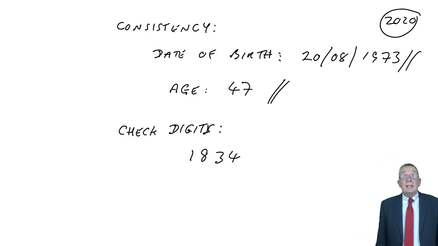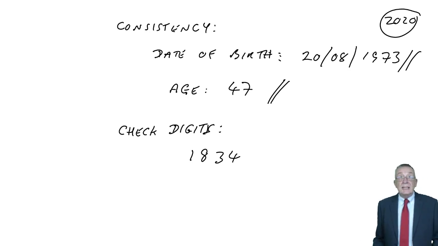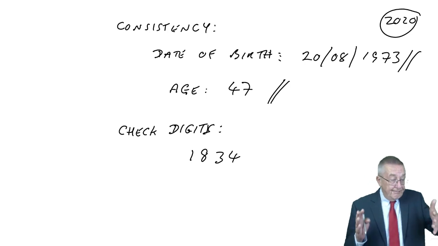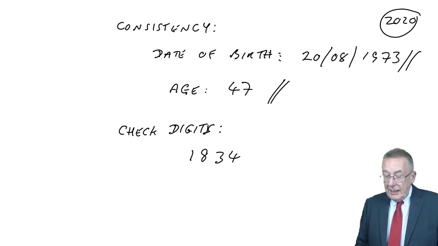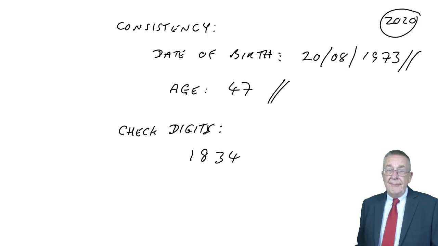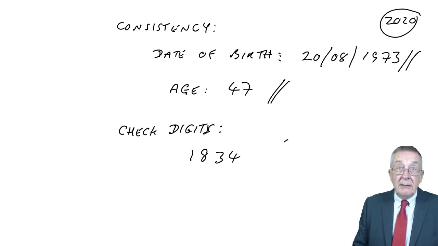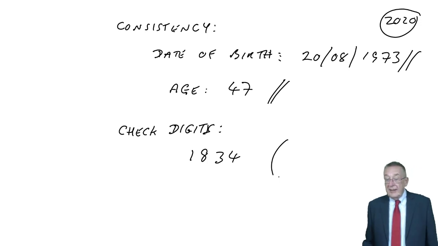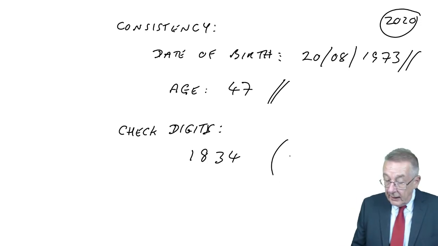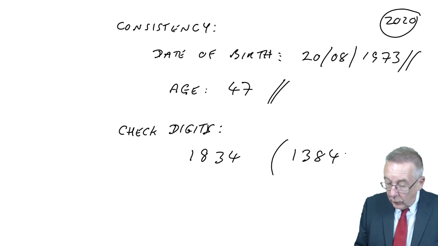Well, as I've already said, it's so easy for the person entering the data, and loads and loads of things to enter, they're going fast, to enter it wrongly. And of course, a common mistake, seen in paper FA, financial accounts paper, a common error is to transpose numbers, to put 1384 by mistake.